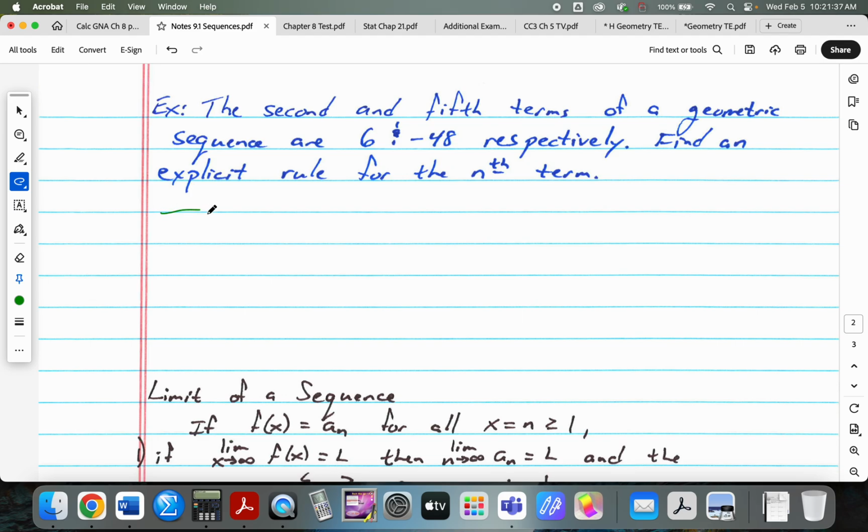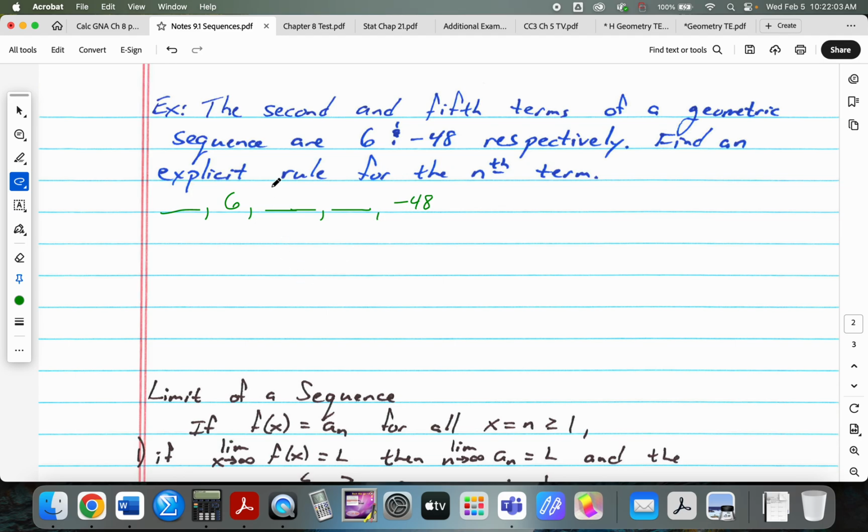I always went, okay, so that's the first term, the second term, the third, the fourth, and then the fifth term was negative 48. So I need to multiply 6 times something to get this term, times something to get this next term, times that same something to get this term.